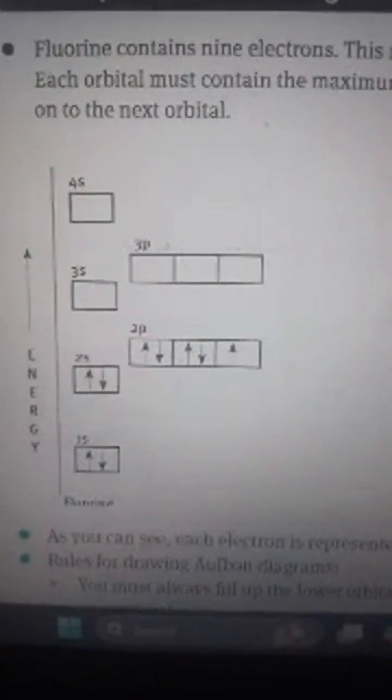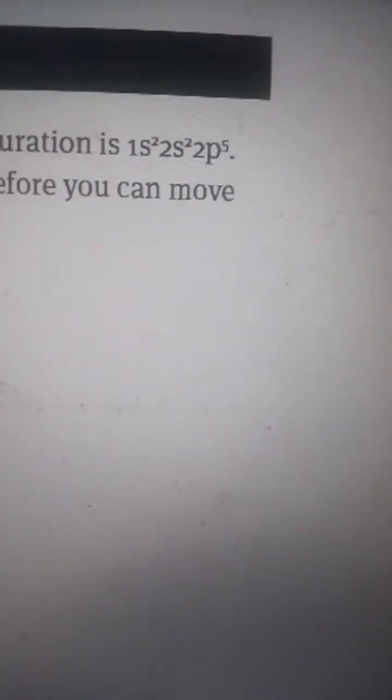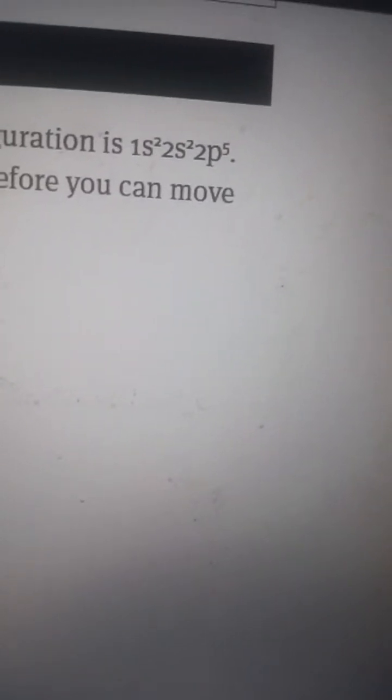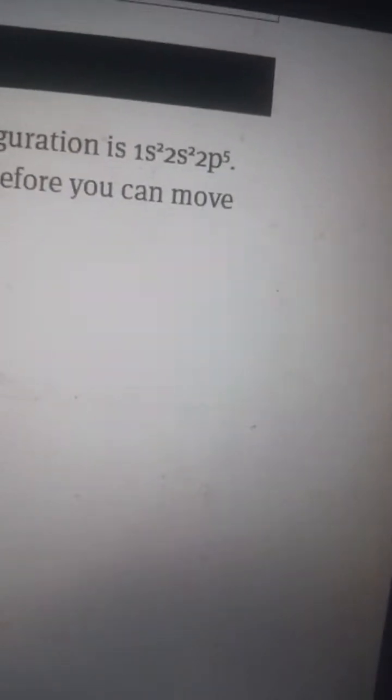All of them together are 9, 5 plus 2 plus 2. So its configuration looks something like that. It has 9 electrons because its configuration is 1s2, 2s2, and 2p5.